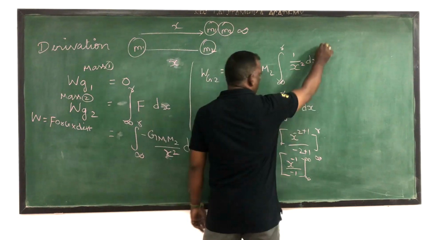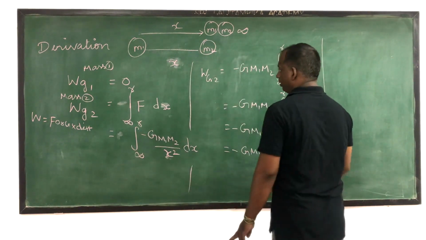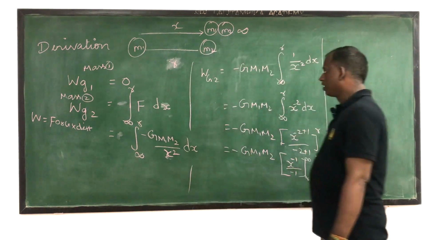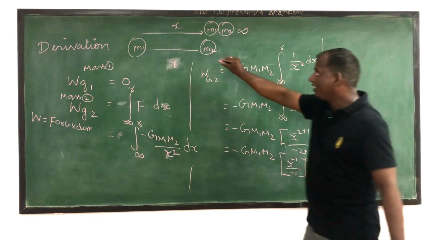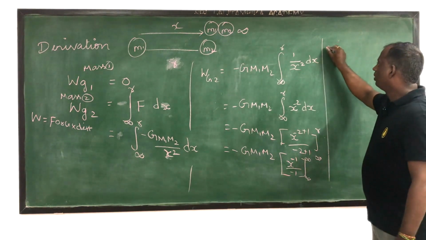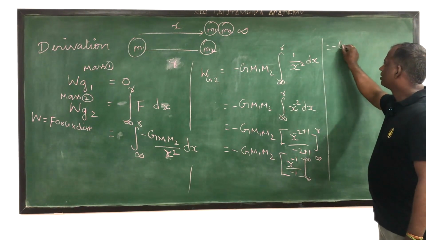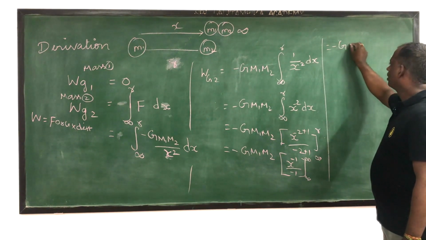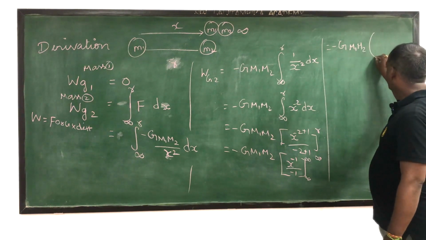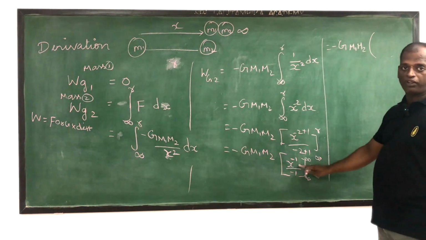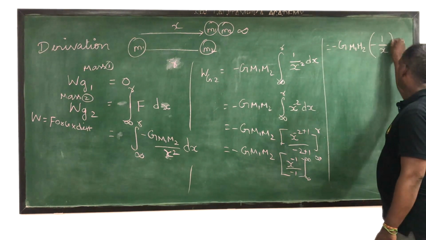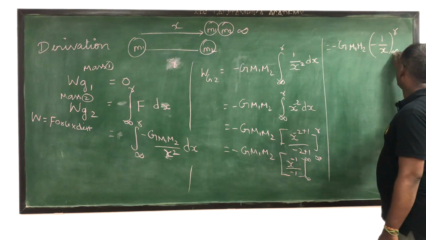So this is எப்படி எழுதலாம்? So in the first equation இங்க r வச்சுக்கிறோம், because they are separated by distance r. இந்த distance தான் நம்ம x ன்னு சொல்லிருக்கோம். So which is equal to minus G m1 m2. So x power minus 1 நம்ம என்ன எழுதலாம்? 1 by x எழுதலாம், minus 1 by x, r to infinity.